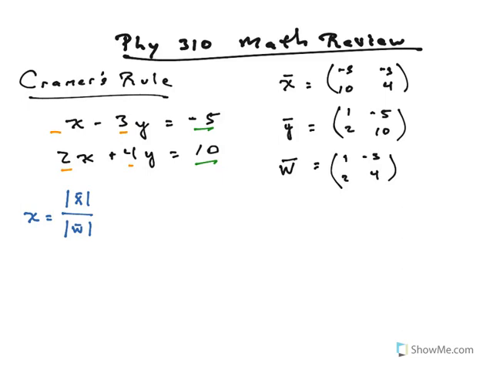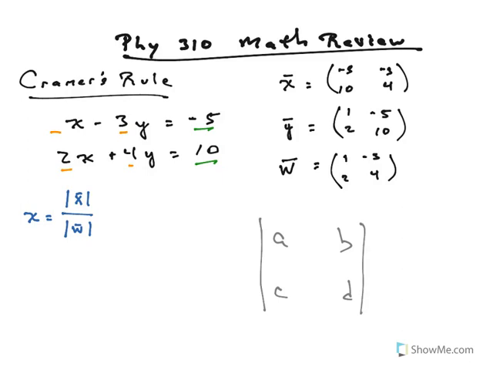So let's see. What did it mean to take a determinant? We saw last time that a determinant depends on how big your matrix is. If your matrix is a 2 by 2, then it's fairly easy. For a 2 by 2 matrix, I'll do it right here just to remember. You have A, B, C, and D. The determinant, the way you write it, is instead of these kind of parentheses, you do absolute values.